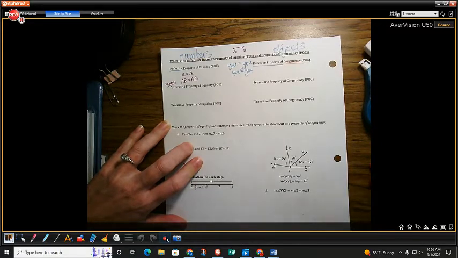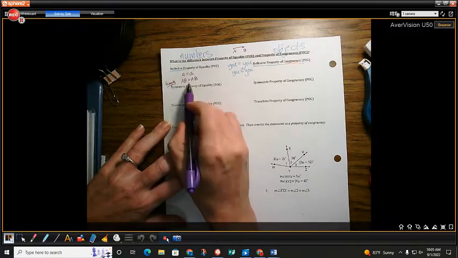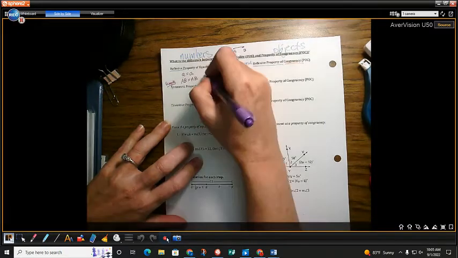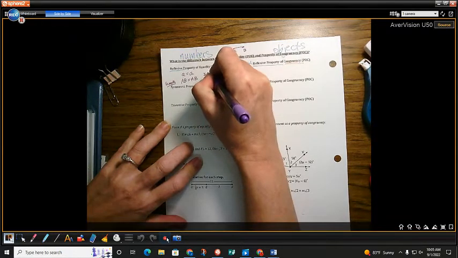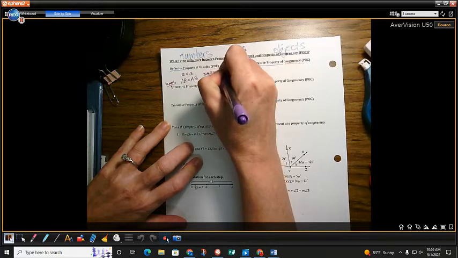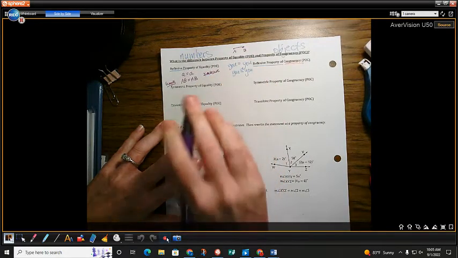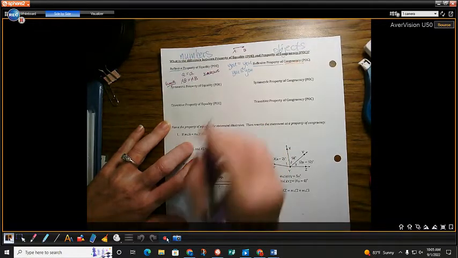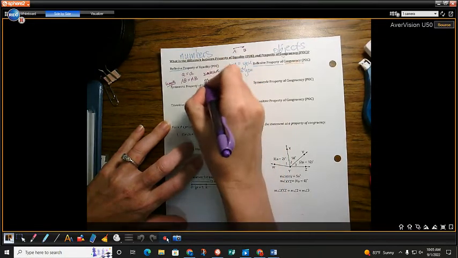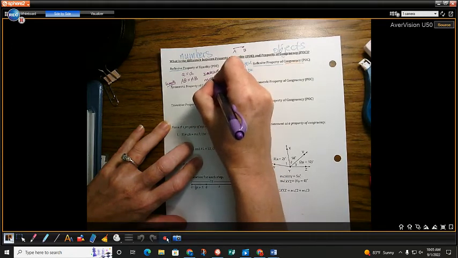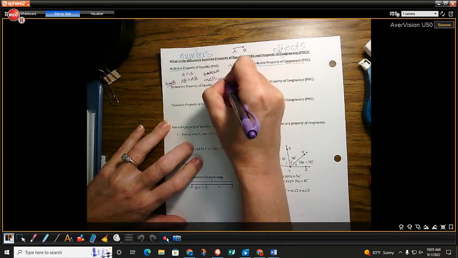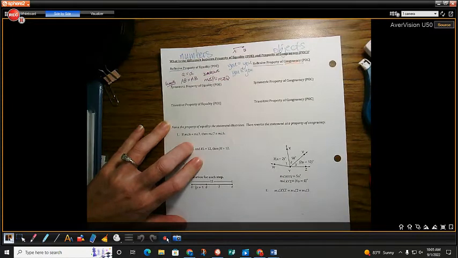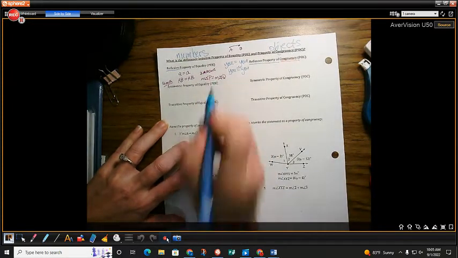What did you just write? Length, and AB equals AB. What about if you have an angle measure? How would I show that angle measures are equal, like 45 degrees equals 45 degrees? I would have to say the measure of angle P equals the measure of angle Q. You have to put those in when you say equal.